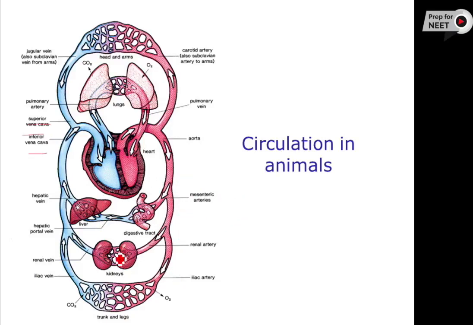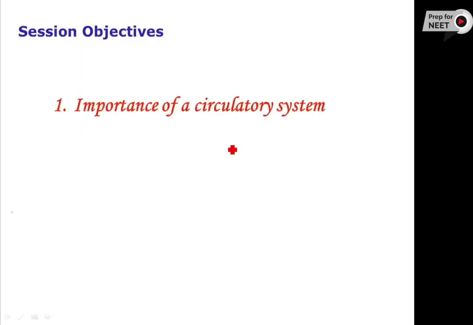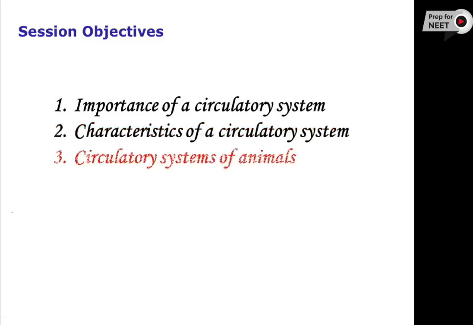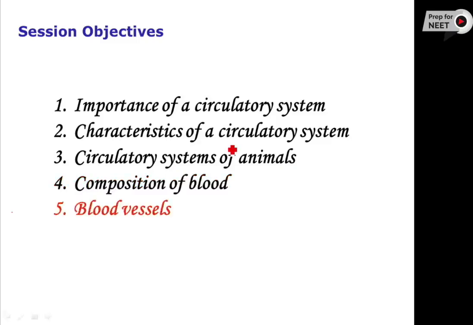So this is an overview of the circulation in animals, and we are going to learn about each thing in detail as follows. Now, what is the objective of learning about the circulatory system? We will know the importance of the circulatory system, the characteristics of the circulatory system in animals, the composition of blood and blood vessels, and the human circulatory system.